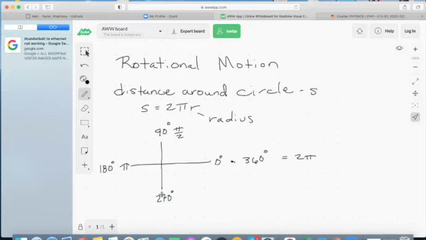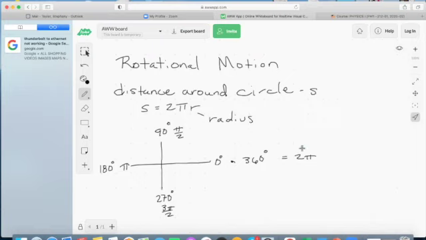And then 270 is going to be 3 pi over 2. So this is going from our angle in degrees to radians.